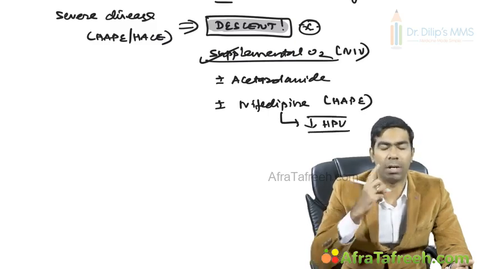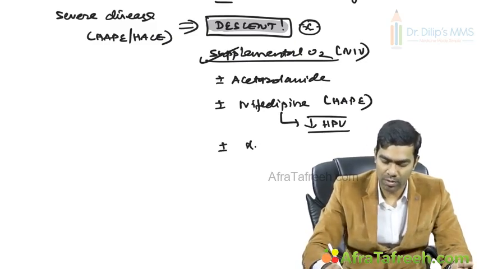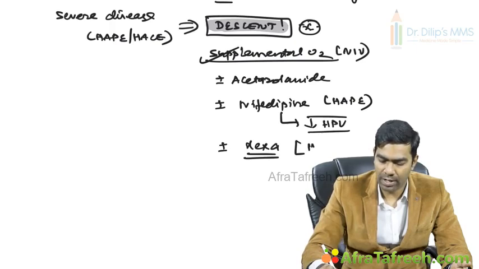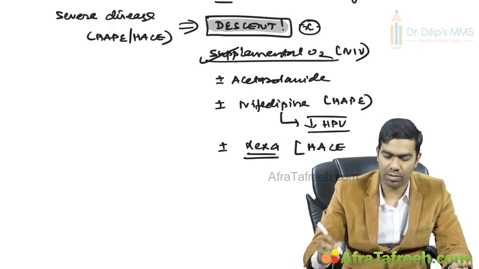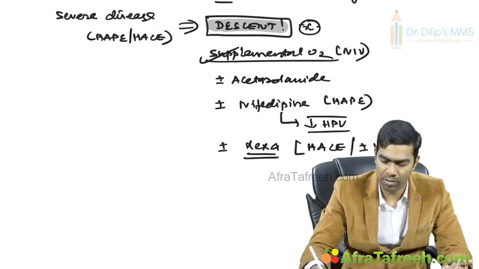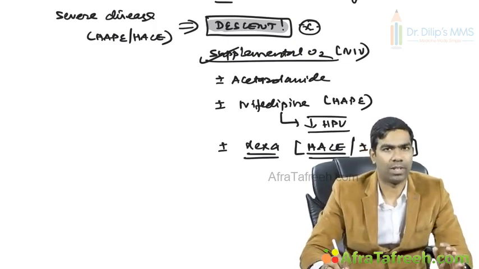Plus or minus, you can use dexamethasone. Remember, dexamethasone is used for high altitude cerebral edema. It may be used for high altitude pulmonary edema also, but predominantly we use it for high altitude cerebral edema very commonly.